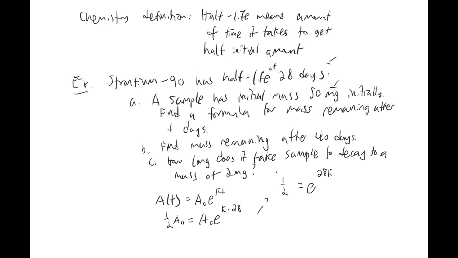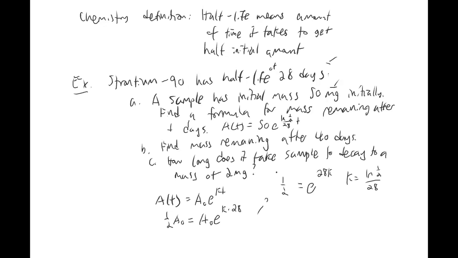And if you solve, you're going to get k is ln of a half divided by 28. Right? So the answer to A is A of t. And then here they give you A naught. So A of t is 50 e to the ln of 1/2 divided by 28 t. Yeah. So that's the answer to part A.